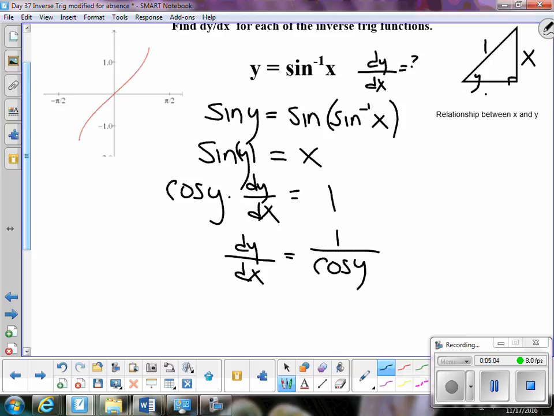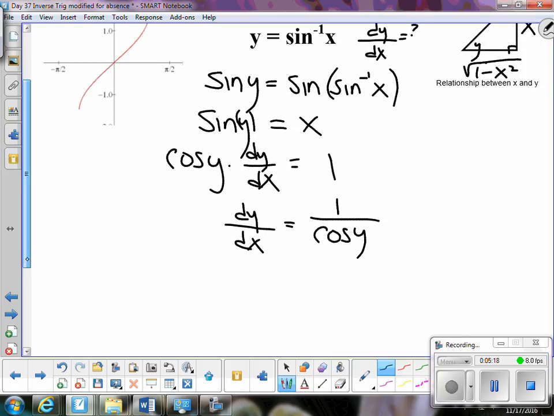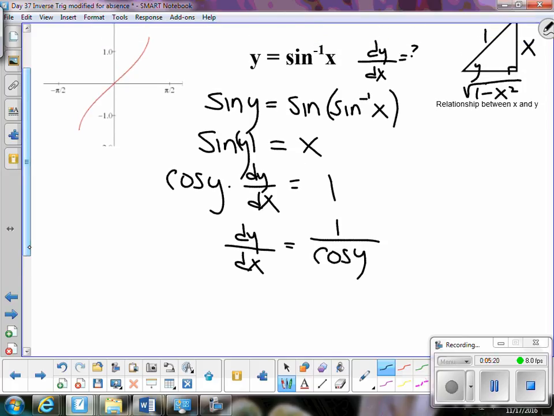So the length of this leg is going to be the square root of the hypotenuse squared, 1, minus the other leg squared. Now I can write down what the cosine of y is in terms of x. That would be the square root of 1 minus x squared over 1.